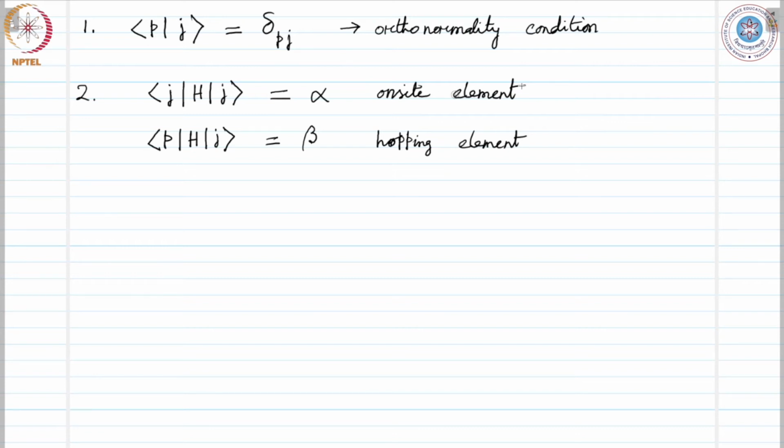So the hopping element, if p and j are nearest neighbors, so we are going to restrict the hopping between two nearest neighbors, and if p and j are not nearest neighbors, then this kind of hopping term is going to be 0.